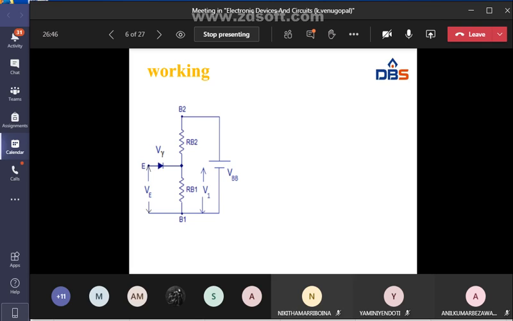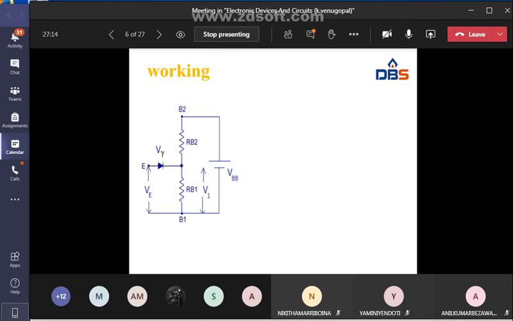The input voltage is the emitter voltage. Initially V1 reverse biases this diode, where this is the anode terminal and this is the cathode. So V1 reverse biases the PN junction diode, and the diode is in off state.